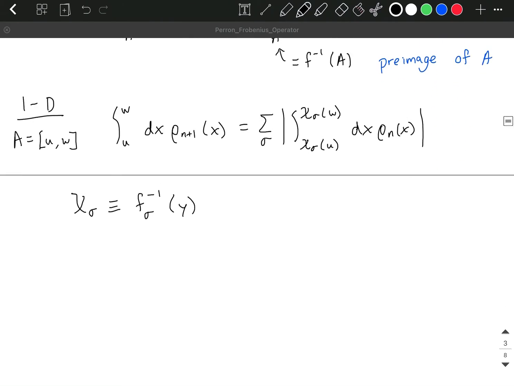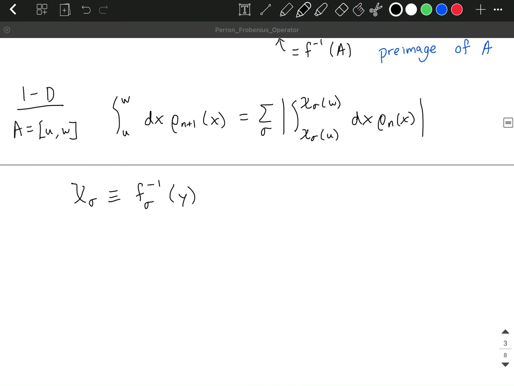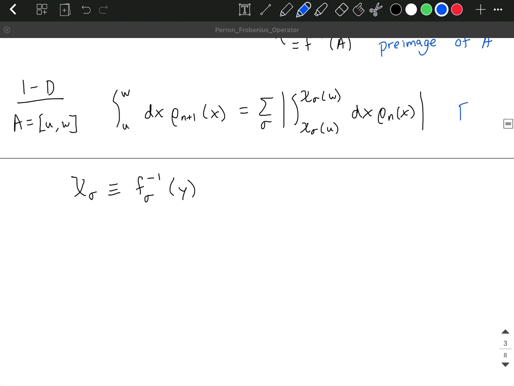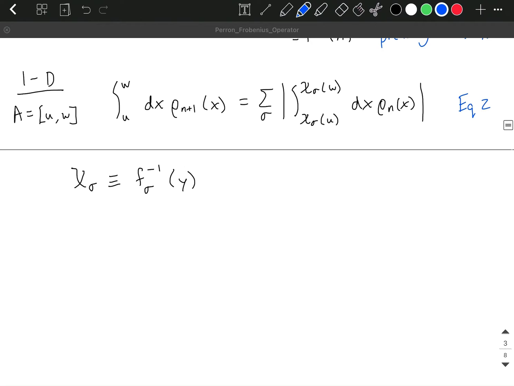Now we are going to do a substitution in order to write equation 2 in other terms that will help us get to the final result that we're going after, which is again the explicit expression for the Perron-Frobenius operator. And so we will make the substitution x to chi sub sigma of y in equation 2.